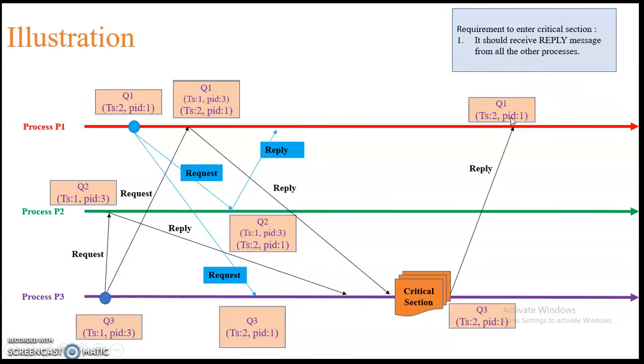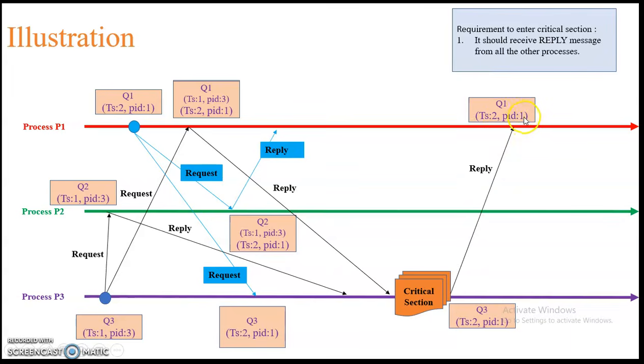In the earlier Lamport's mutual exclusion, after the critical section was used, we used to send release messages. However, here release messages are not used. It straight away sends a reply message to the deferred request. Which was the deferred request? It was process P1. That is why P3 sends a reply message to P1.